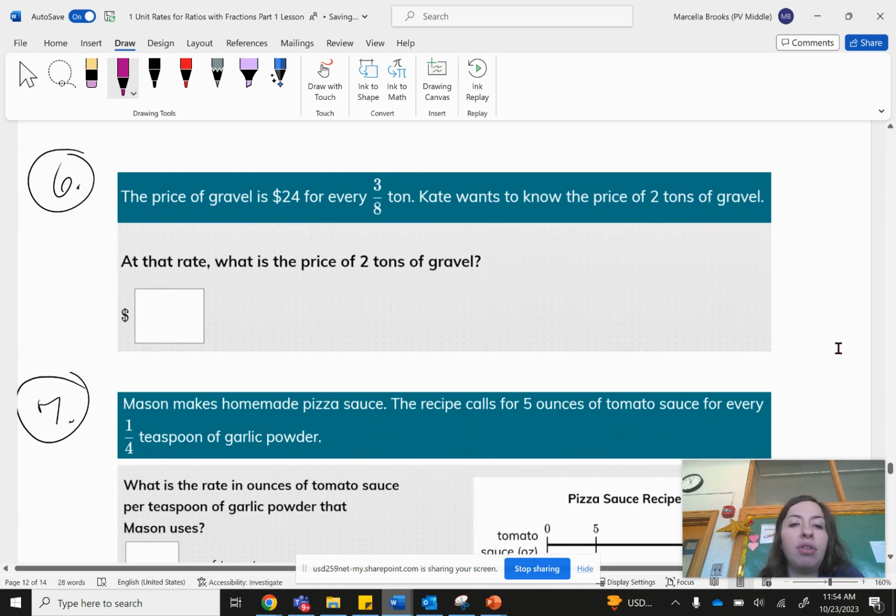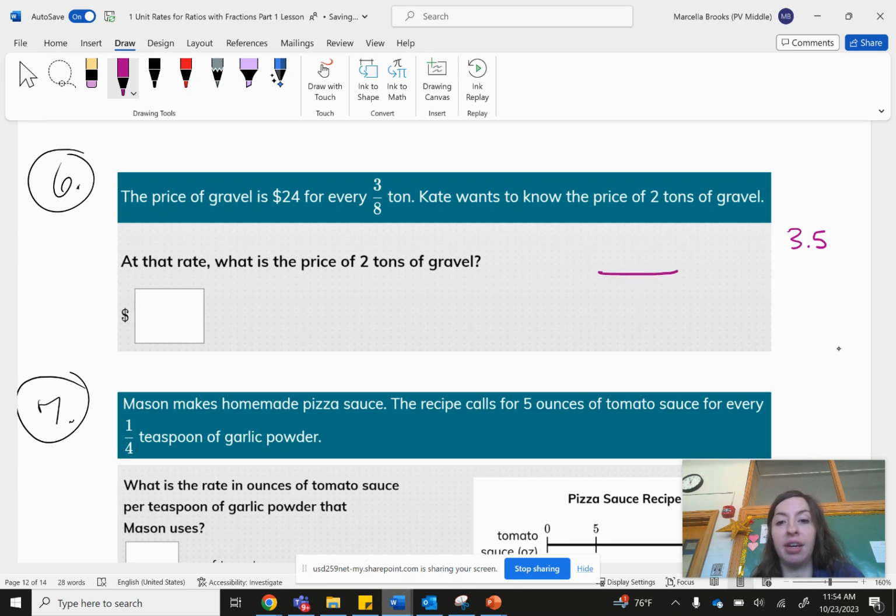The price of gravel is $24 for every 3/8 a ton. Kate wants to know the price of 2 tons of gravel. If you can, I'll call this a 3.5. So first you have to find out how much 1 ton costs. And the way you find that is you do price over tons.